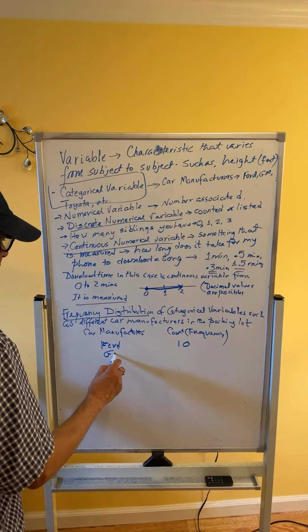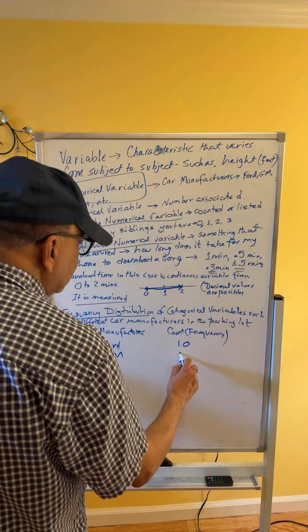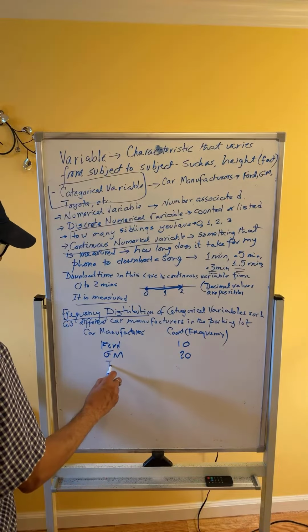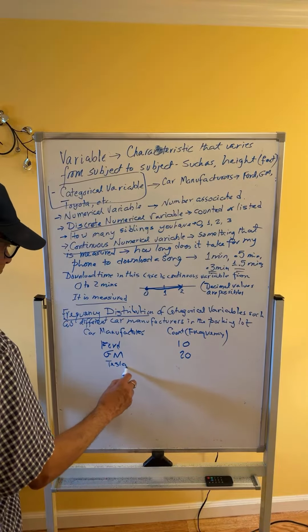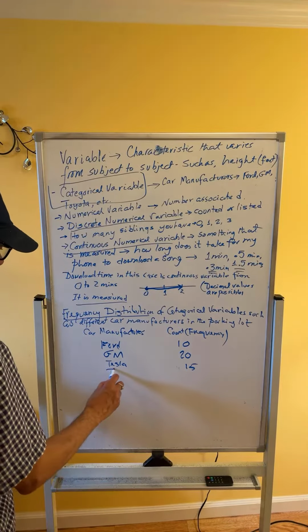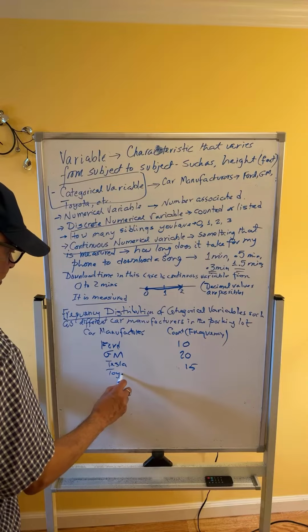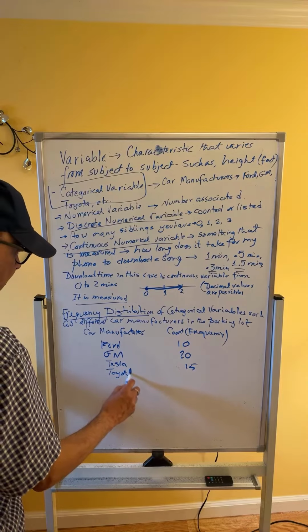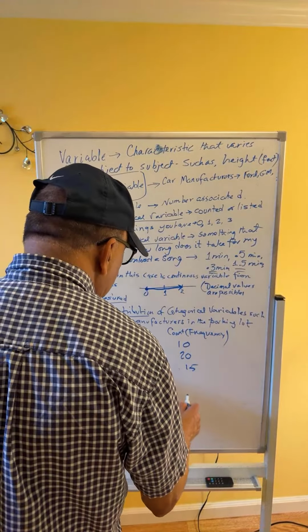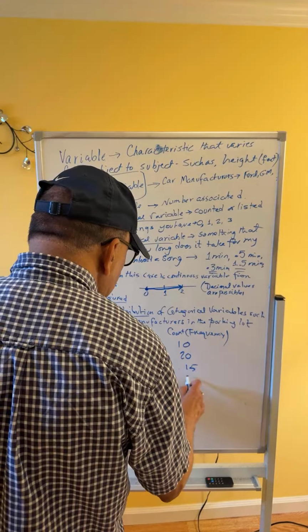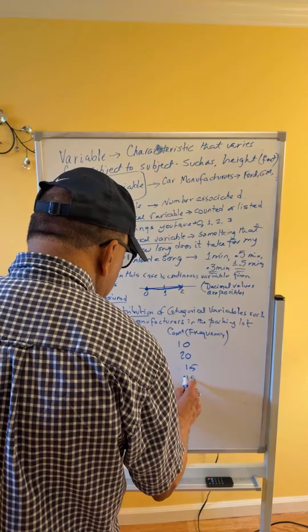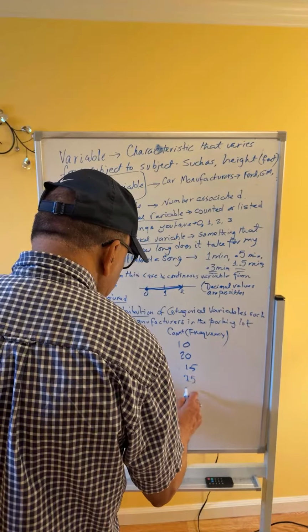How many GM cars are there? Say 20. How many Teslas are there? Say 15. How many Toyotas are there? Let's make it 25 Toyotas.